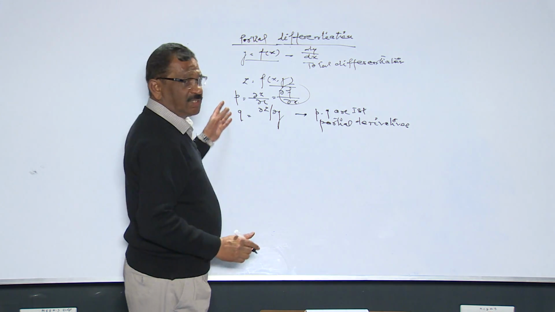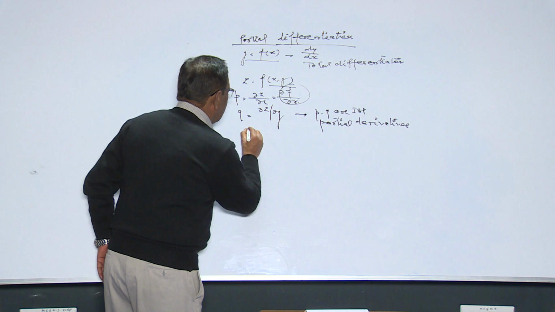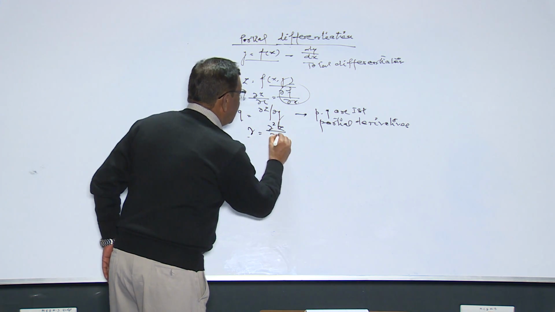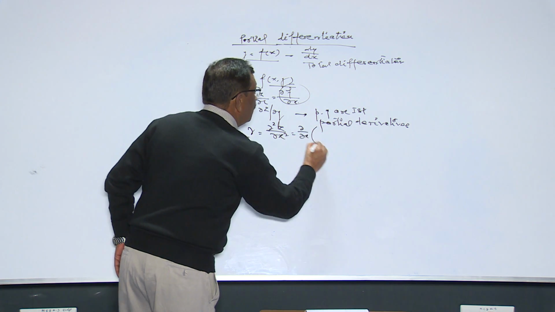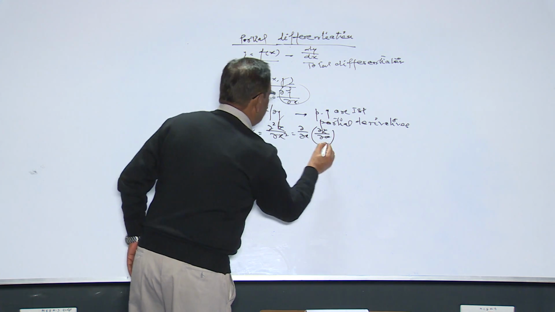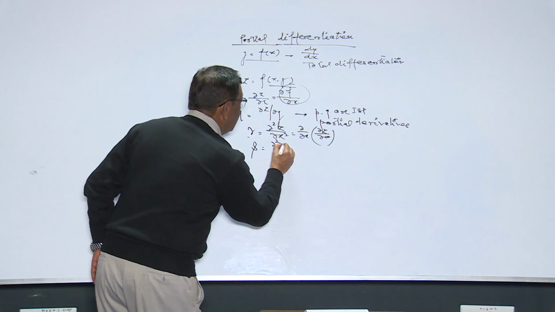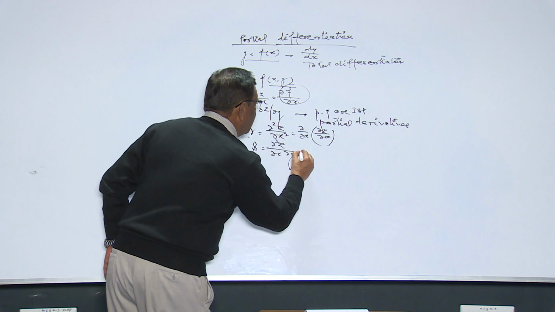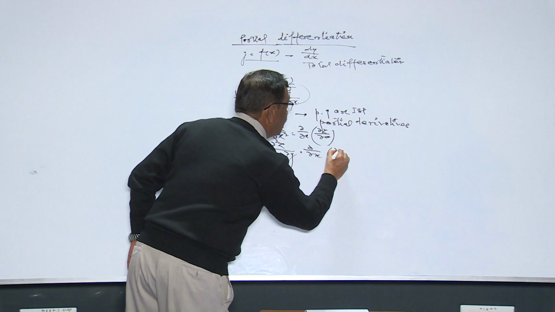Again we differentiate these. r is ∂²z/∂x², that is ∂/∂x of ∂z/∂x. s is ∂²z/∂x∂y, that is ∂/∂x of ∂z/∂y.